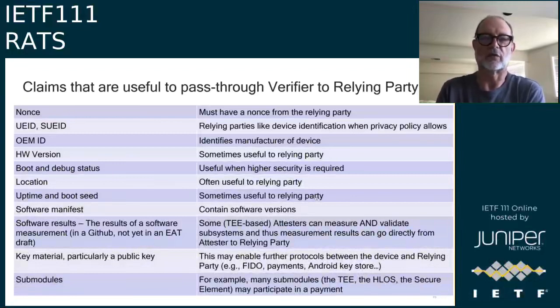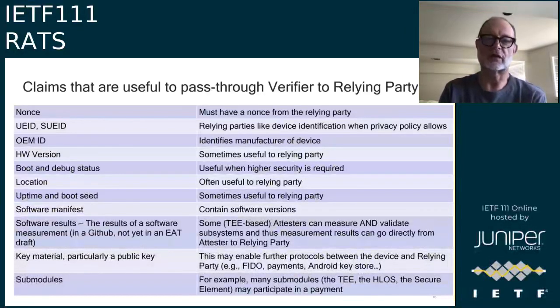Relying parties may want to know the manufacturer of the hardware of the device, so OEM ID. A hardware version may not always be as useful. When I think of something like clearing financial transactions, maybe hardware version is not that exciting, but it's there and it can pass through. The assumption on all of these is that the verifier is doing some sort of at least verifying the authenticity of these from the attester, and may be doing other consistency checks on them.